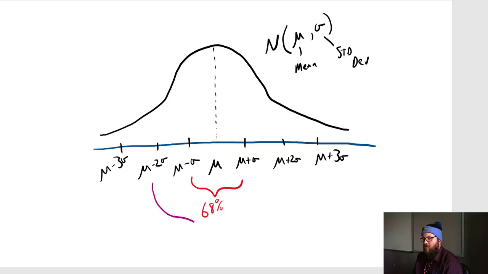Within 2 standard deviations, you have 95% of the data falls between 2 standard deviations of the mean.